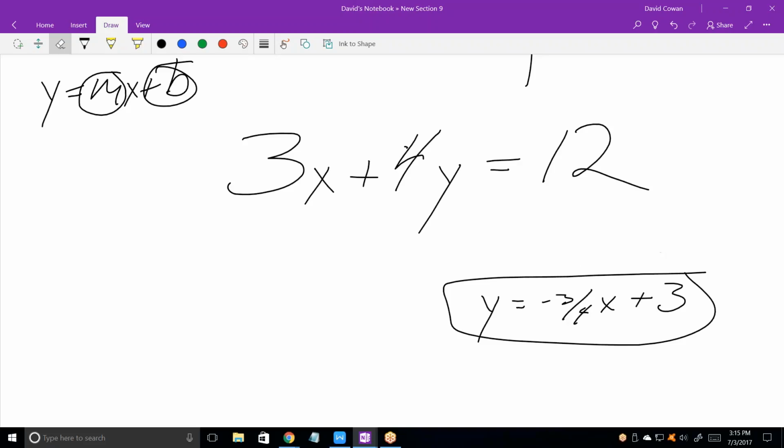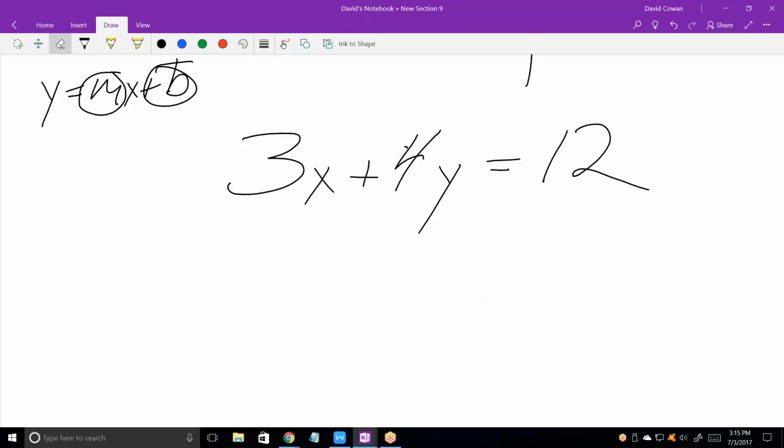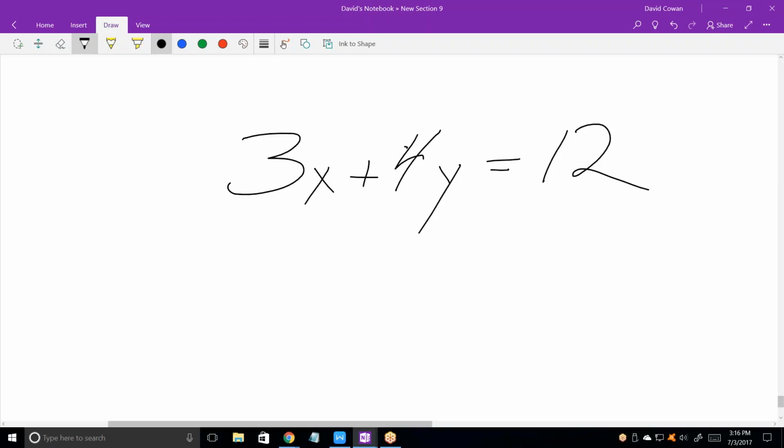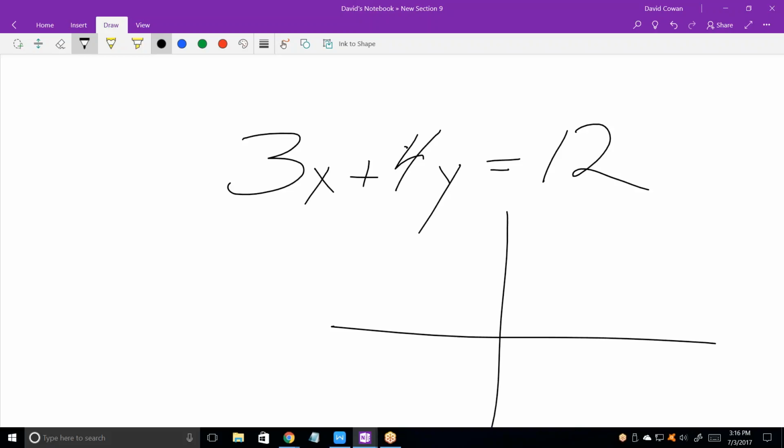But sometimes it's actually easier to graph by figuring out both intercepts. In other words, I don't actually need the slope here. What I need is, first of all, what is the y-intercept going to be? 4. The y-intercept is x equals what?